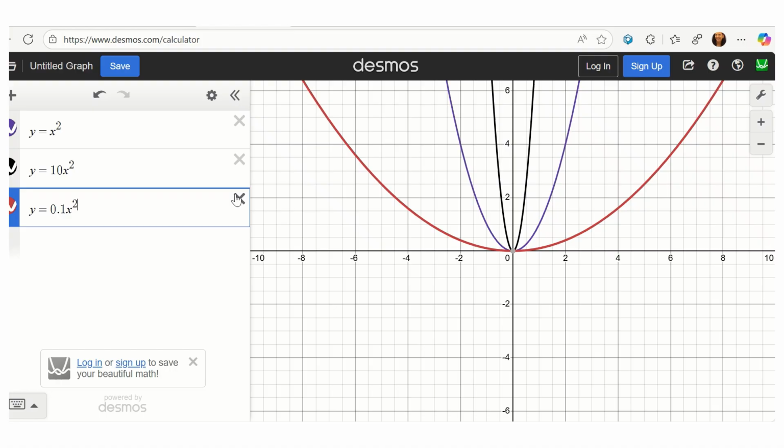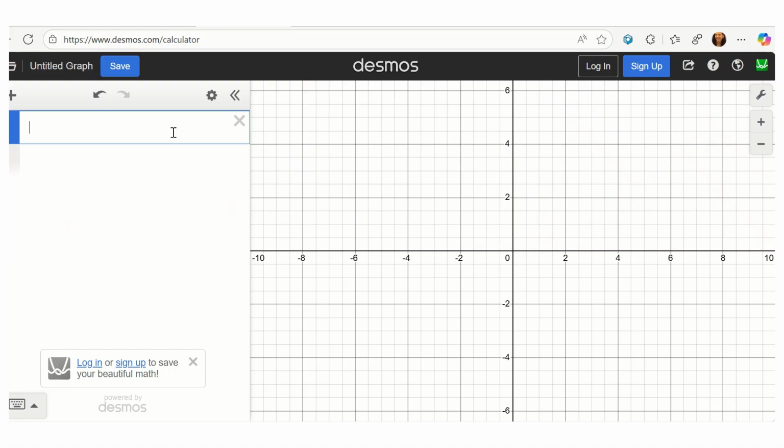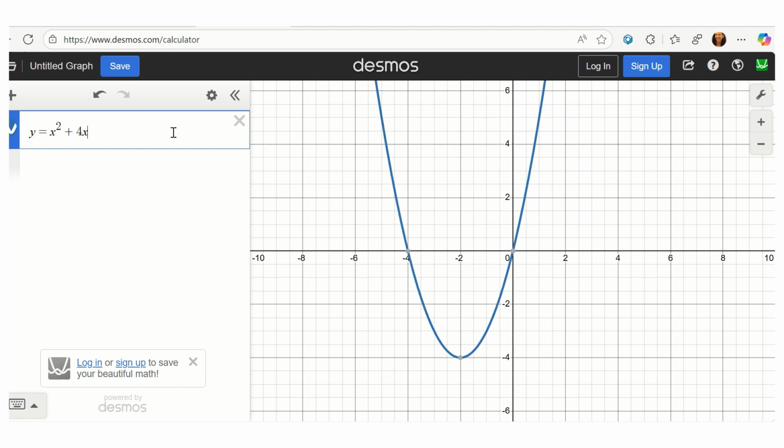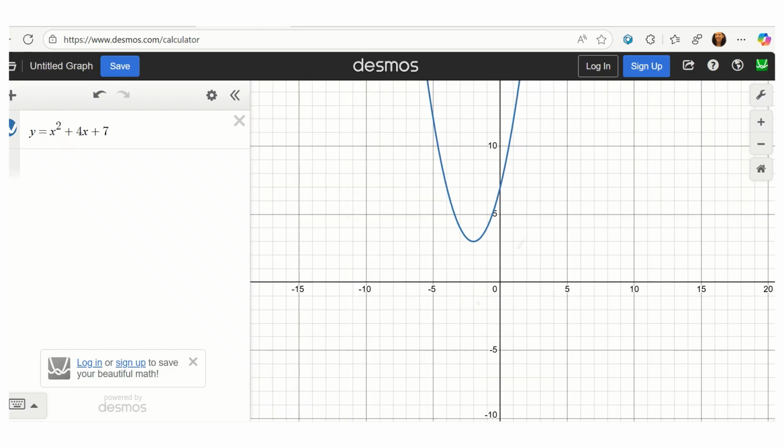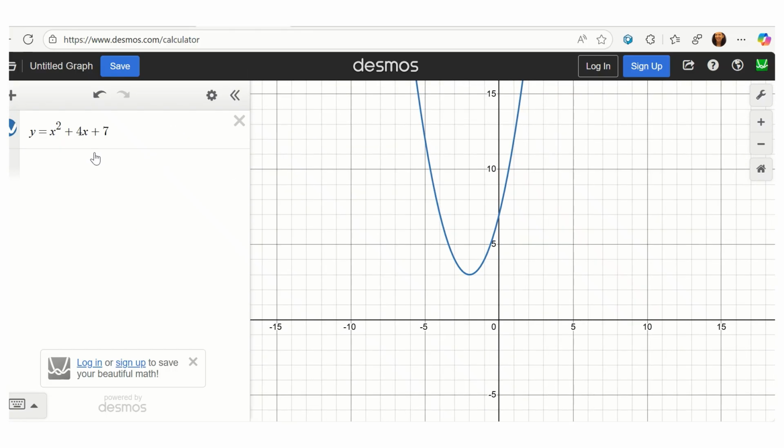All right, and you might recognize that from class. So what I'm going to do here is type in both of the functions. This was the standard form, x squared plus 4x plus 7. So there it is. There's my parabola.